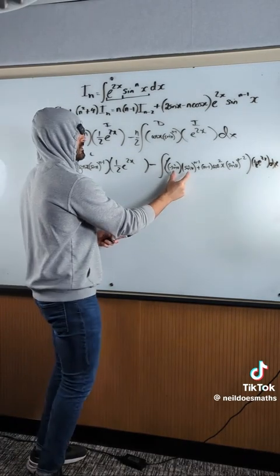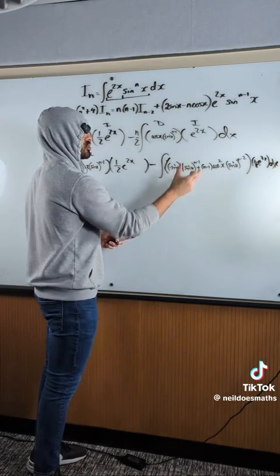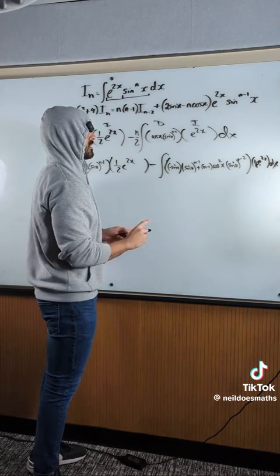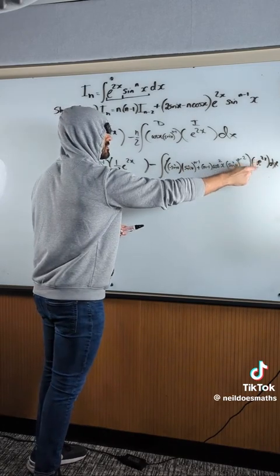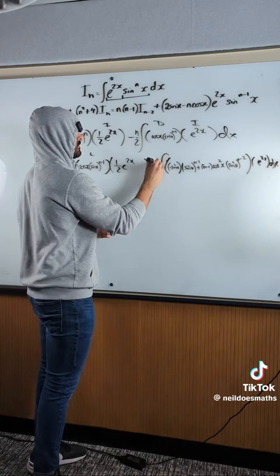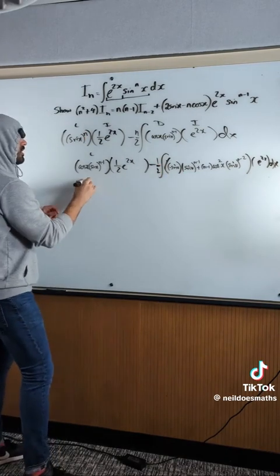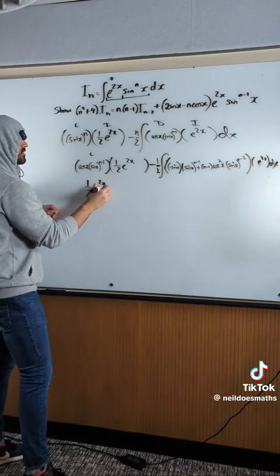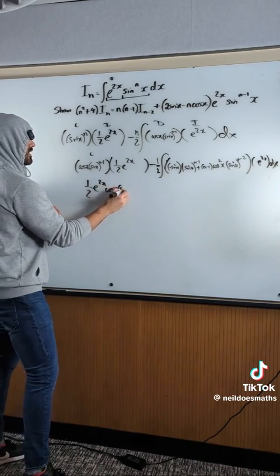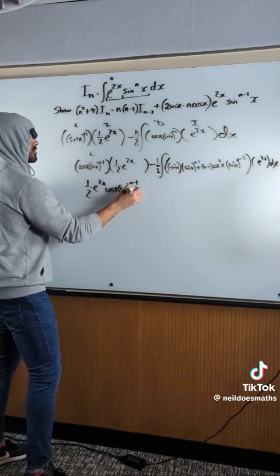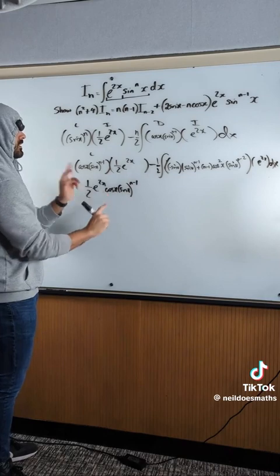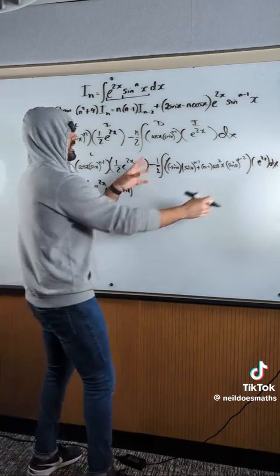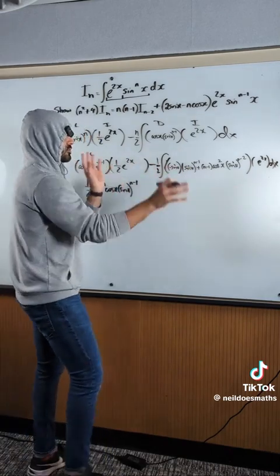This simplifies. That becomes negative sine x to the power of n because you add 1 to the powers. This half can come outside. So we have a half e to the 2x cos x sin x to the n minus 1. I'm going to expand all this in and separate the integrals.